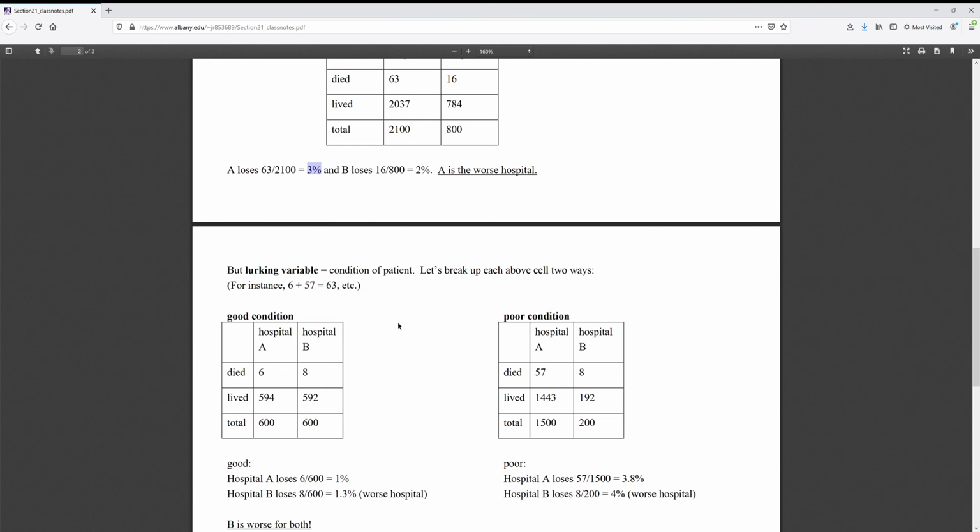There are examples where you can go from level to level to level, breaking up, or if you go the other way, putting together, and the trend reverses not once, but in fact several times. So this is one of the ways that you can deceive people with statistics. Alternately, this is one of the ways that you can make statistics say what you want them to say.